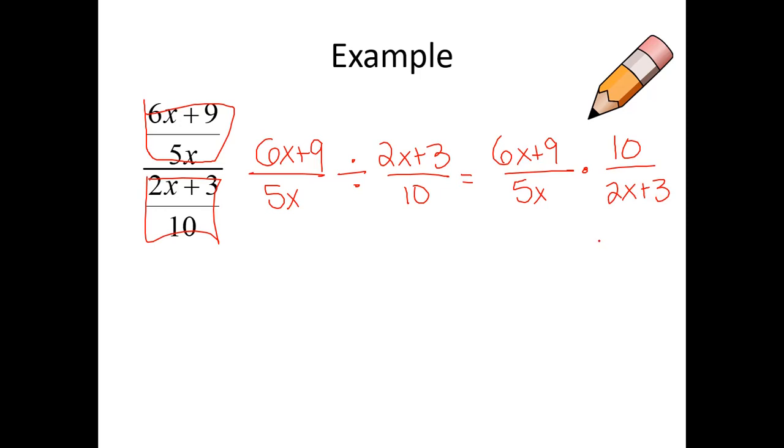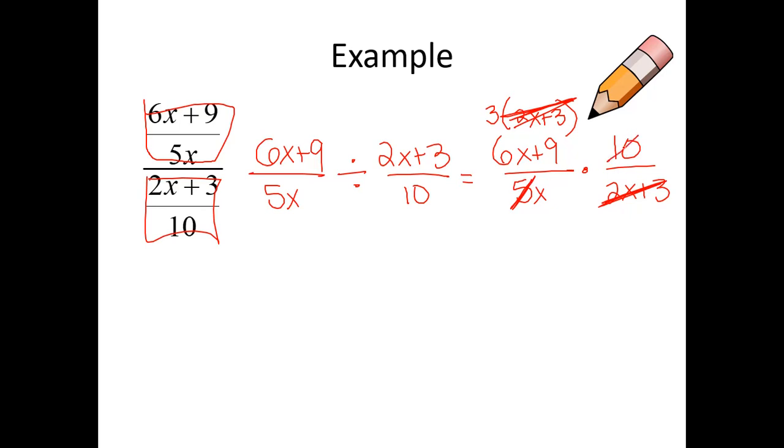Now this becomes a problem like you guys have done, multiplying fractions. Well, I'm going to factor out a 3 out of both of those. That's 2x plus 3. Remember, when we're multiplying, we can cancel it diagonally and up and down. So 2x plus 3 can cancel with a 2x plus 3.